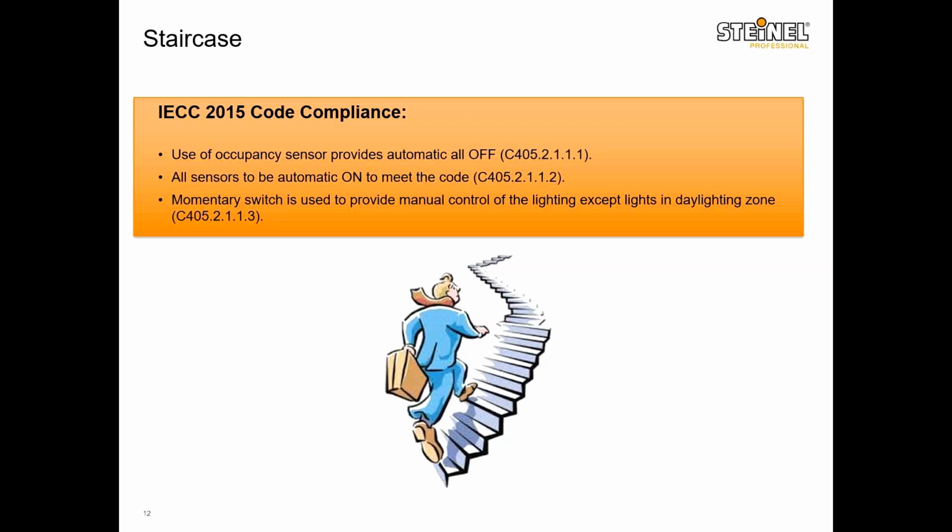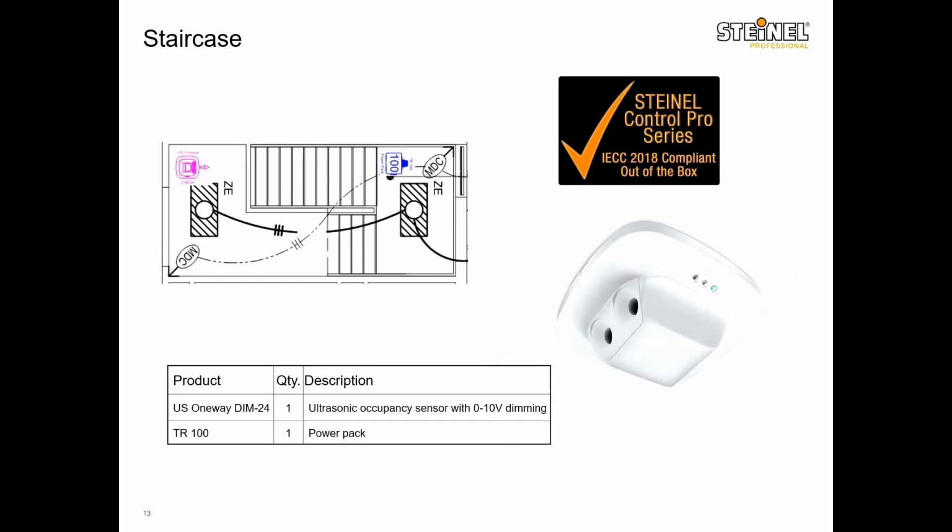The sensor should be set to automatic all on, and you need a momentary switch to provide manual control. Our recommendation for staircases is actually an ultrasonic sensor, a US one-way, in this case, a US one-way DIM-24.